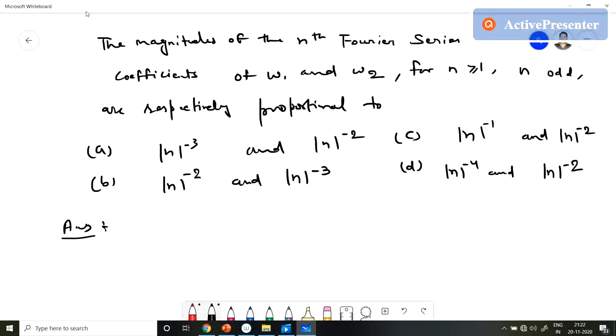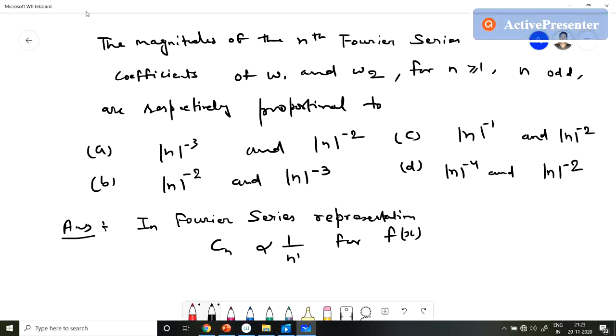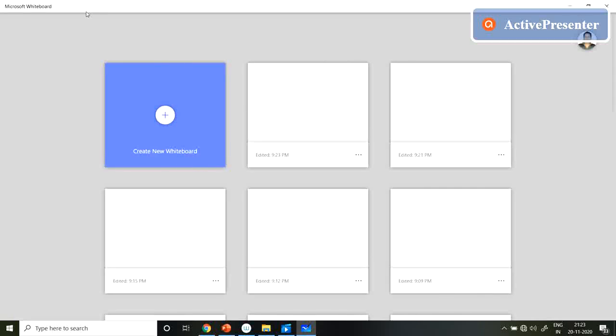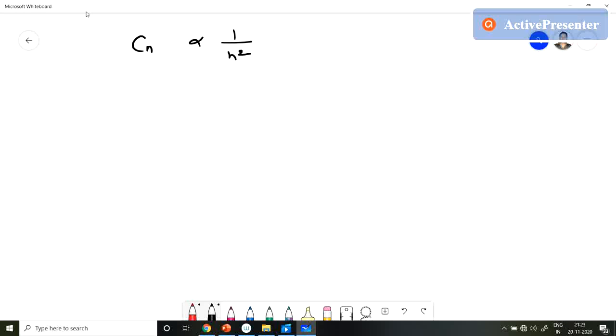Let us solve this problem. In Fourier series representation, Cn is inversely proportional to 1 divided by n raised to the power 1 for f(x) consisting of unit steps, and Cn is inversely proportional to 1 divided by n raised to the power 2 for f(x) consisting of ramps.